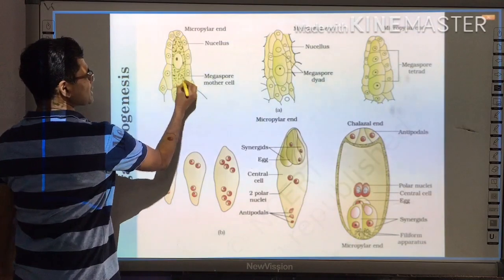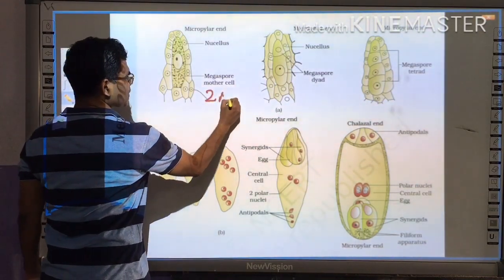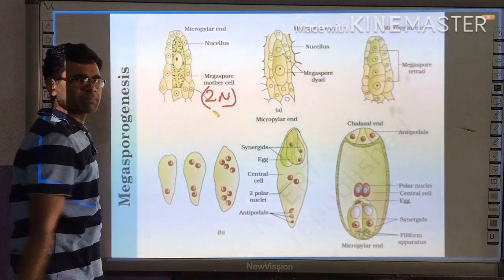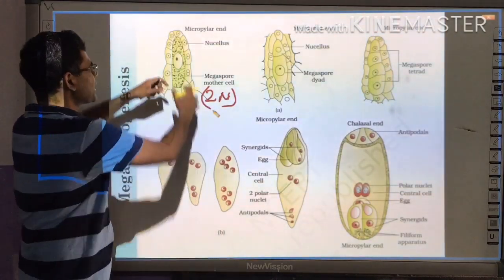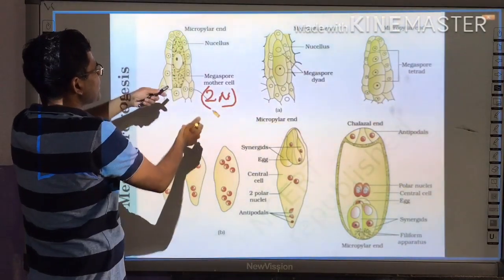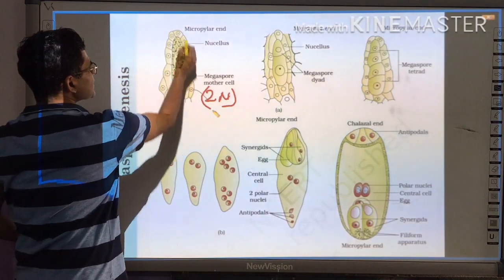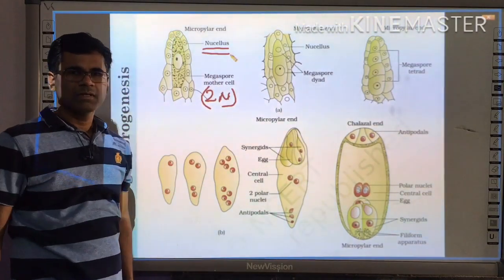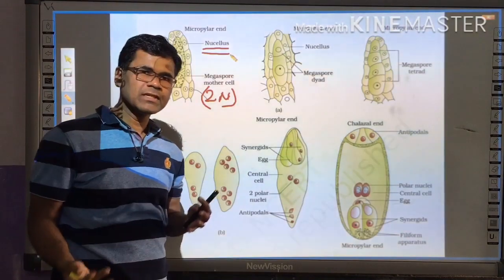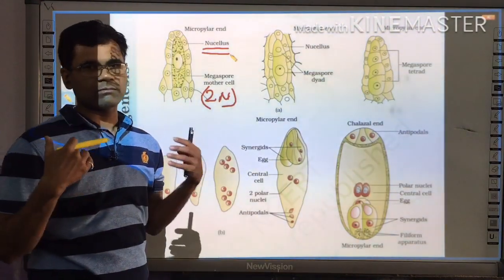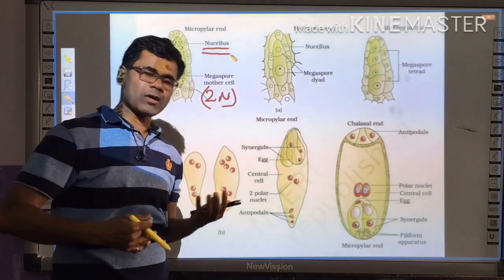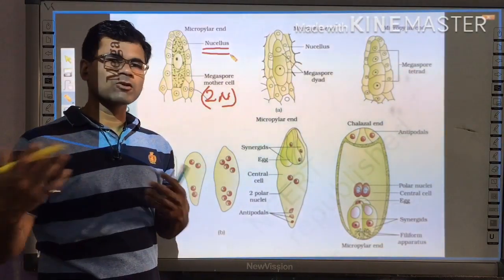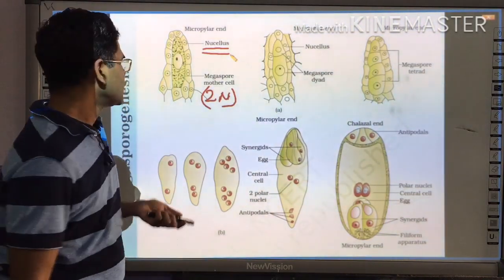This megaspore mother cell is diploid in nature. It is surrounded by various nutritive cells, which are called the nucellus. This nucellus provides nutrition to the megaspore mother cell or the megaspores during the growth and development phases.